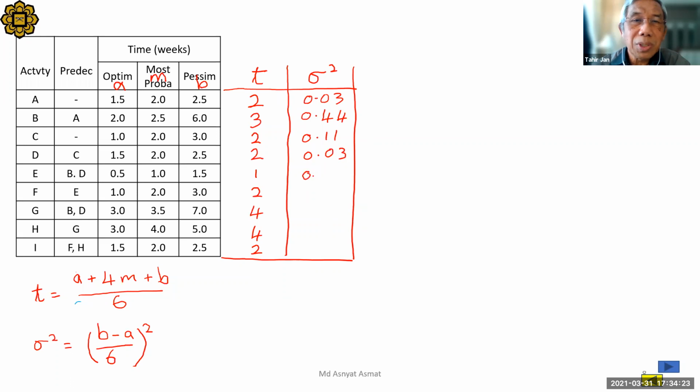This one should be 0 point something also. 0.03 as well. 0.03 also.